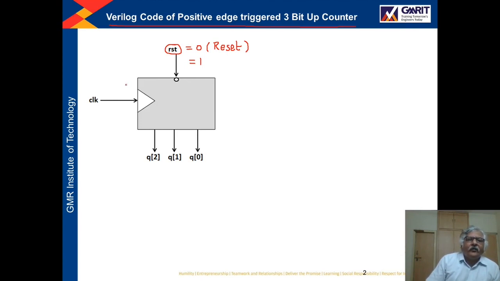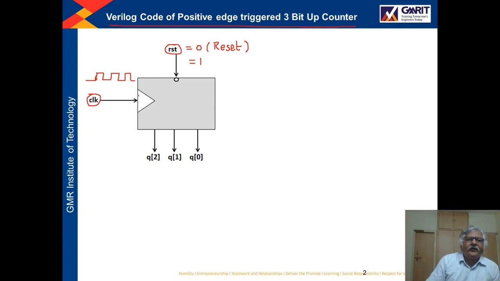Now what is the normal operation? For the normal operation there is another input, the clock input. From this input we will apply the clock signal like this, right? And this is a positive edge triggered flip-flop, because you see here there is no bubble.